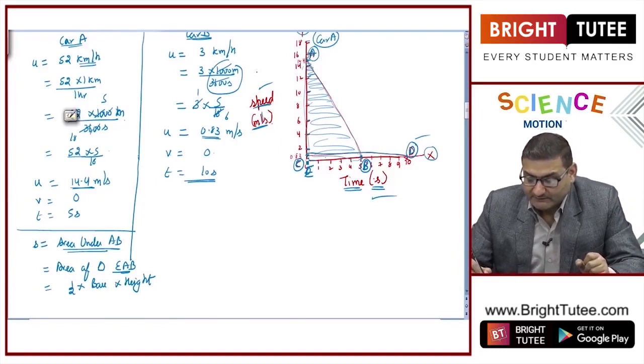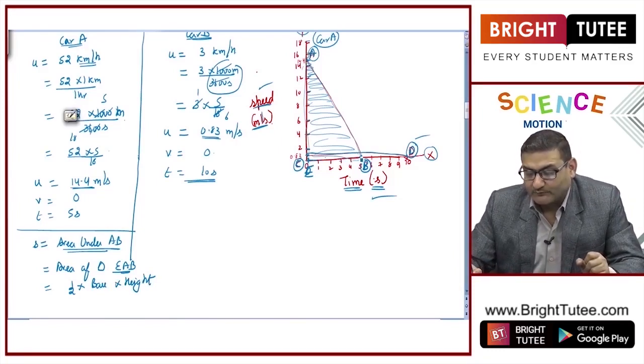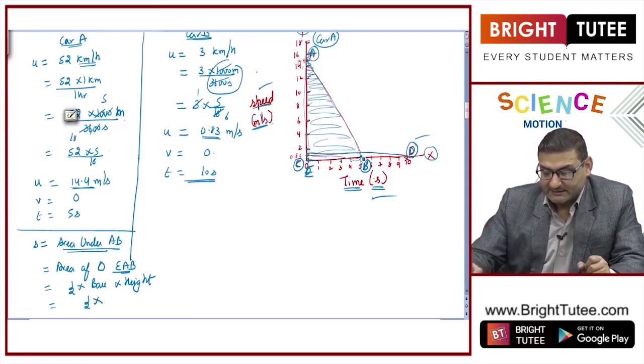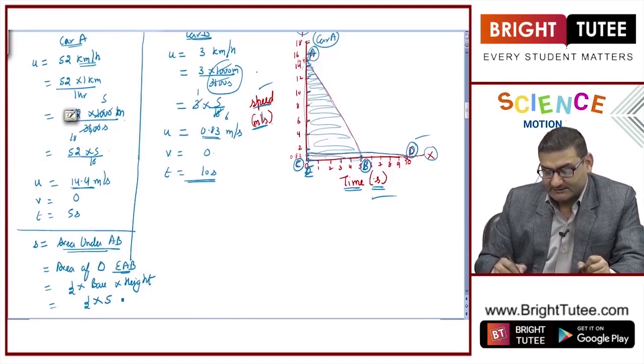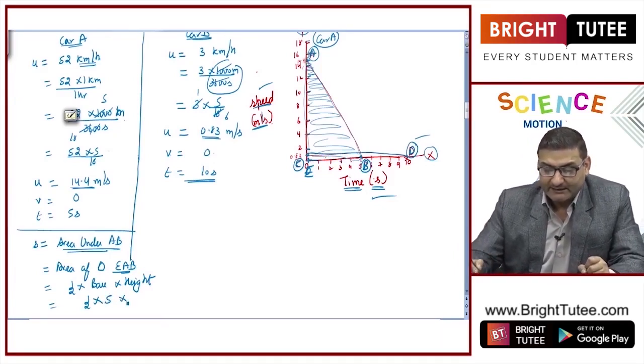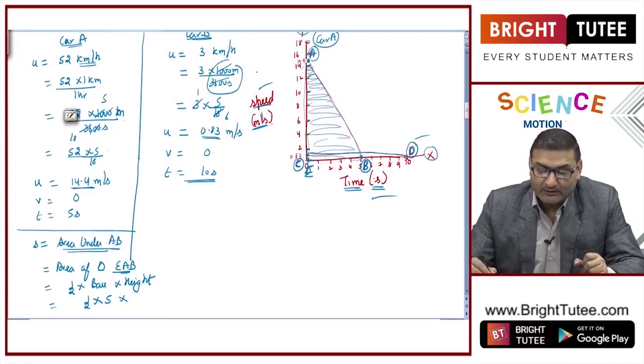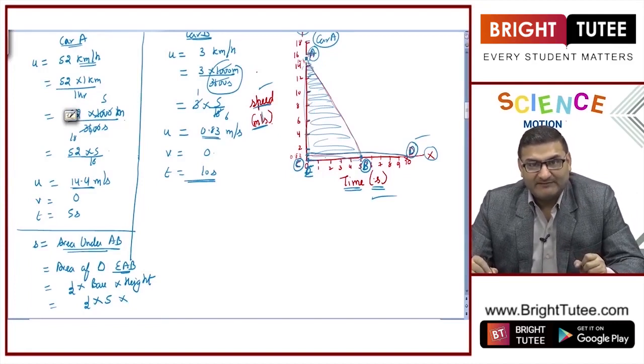Now the base of this triangle is 0 to 5, T2 minus T1. So it will be half into base, which is 5 minus 0, that is 5, multiplied by the height. Height is from E to A. The value is 14.4, it will be V2 minus V1, as we have already discussed in the previous lecture.